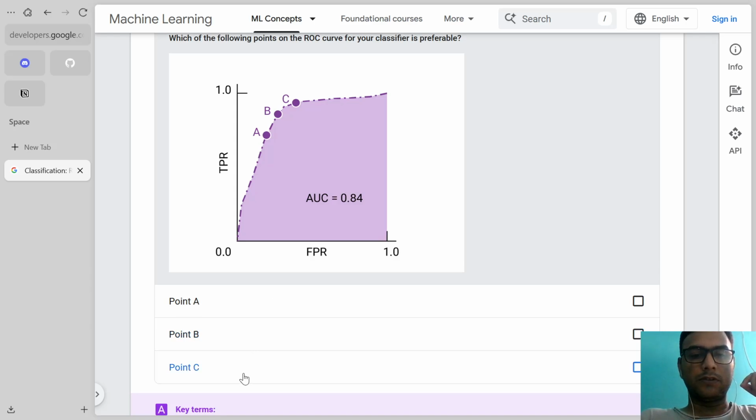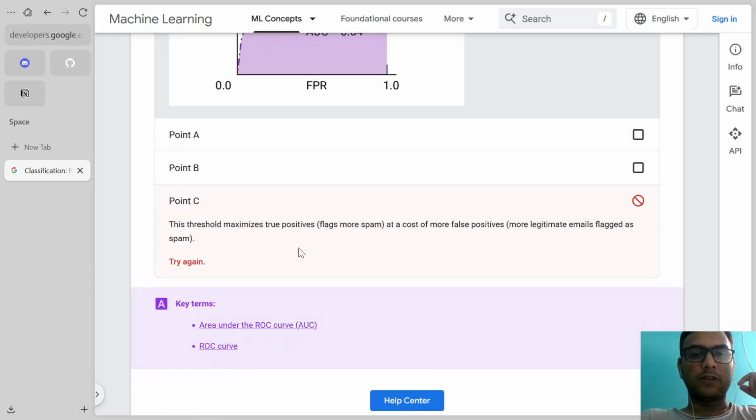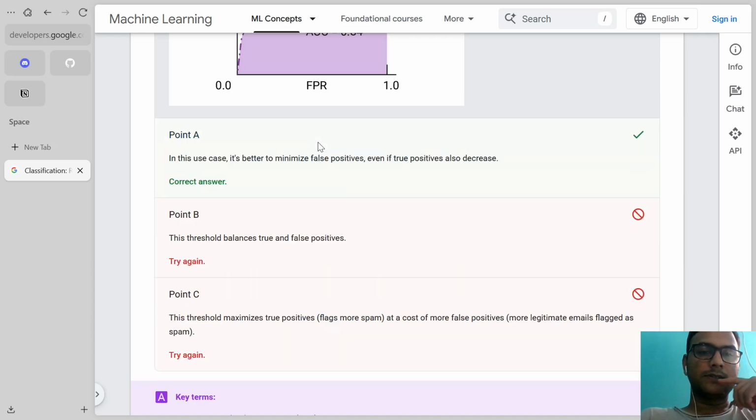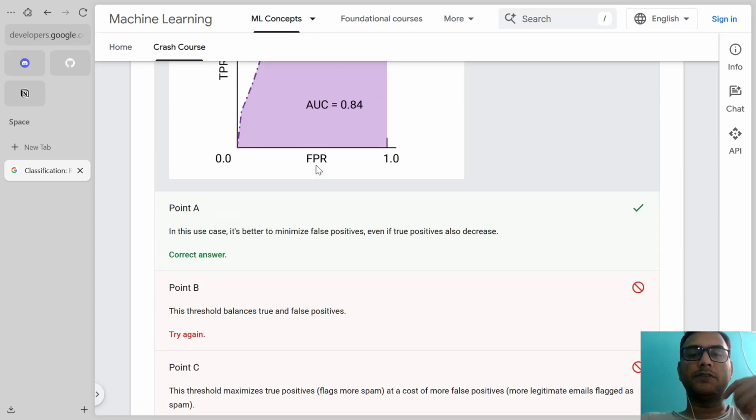Let's say C. Okay, that's wrong. This threshold maximizes the true positives and flags more spam, at the cost of more false positives: more legitimate email flagged as spam. Then point A would be correct. In this case, it's better to minimize false positives, even when true positives also decrease.